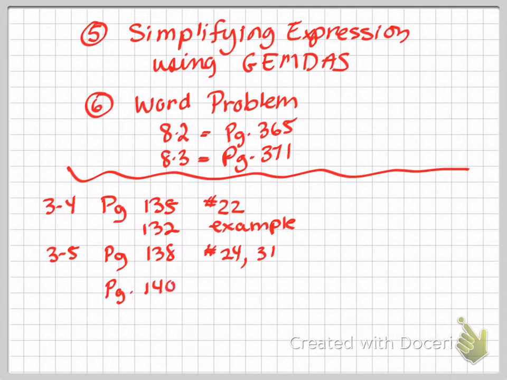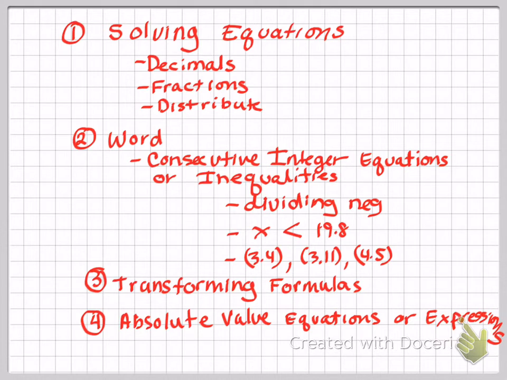That is 3-6. So that's clearing fractions and decimals. Let me go back. I want you to solve by clearing. Solving by clearing.